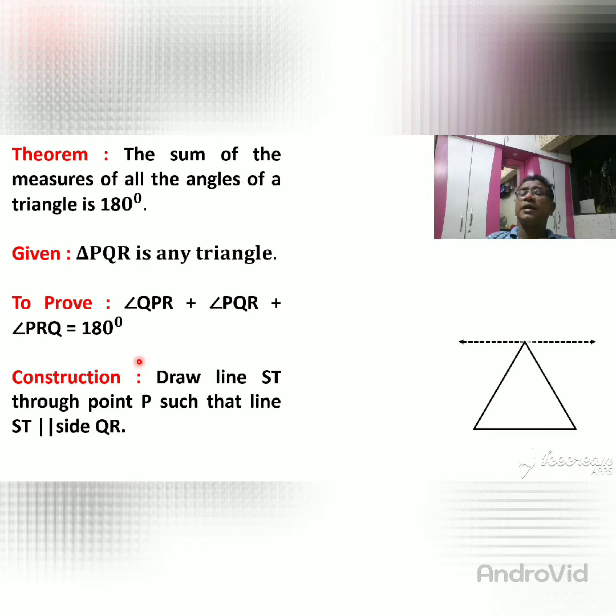See the diagram here first, and then we are going to explain it. In this diagram, this is triangle PQR.